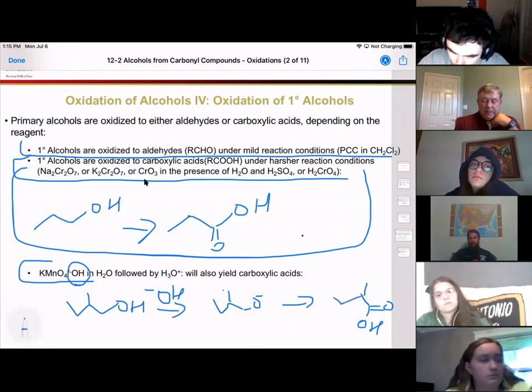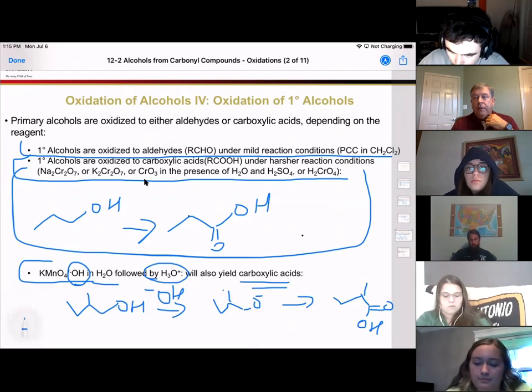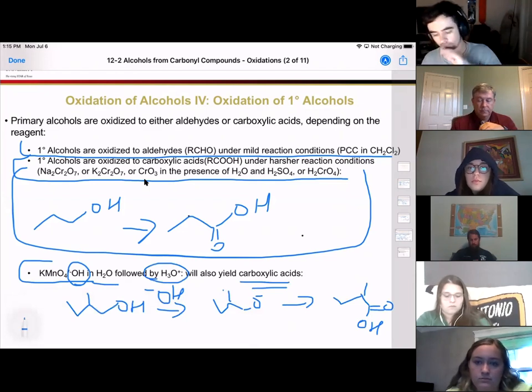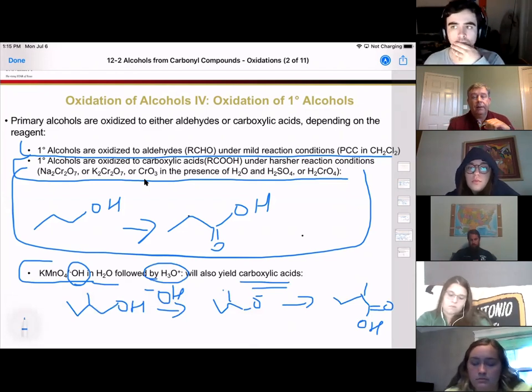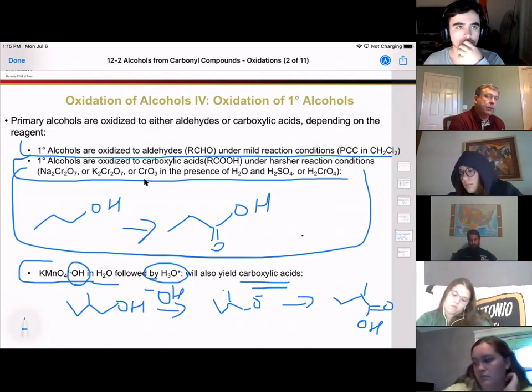Note, this is done under basic conditions, so you have to acidify as your final step to yield your protonated carboxylic acid. So now we've been able to go from a primary alcohol to a carbonyl compound to alcohols.